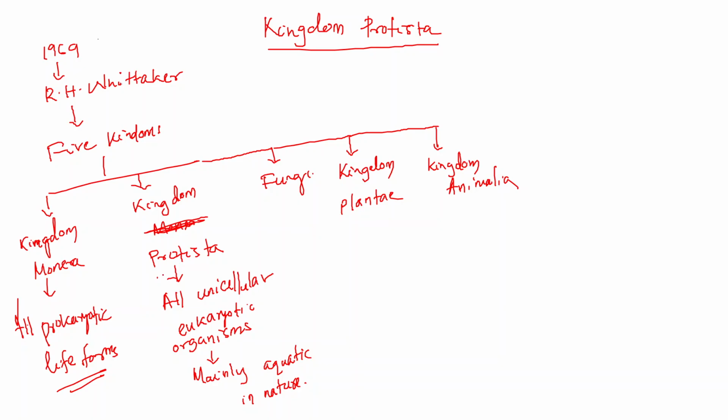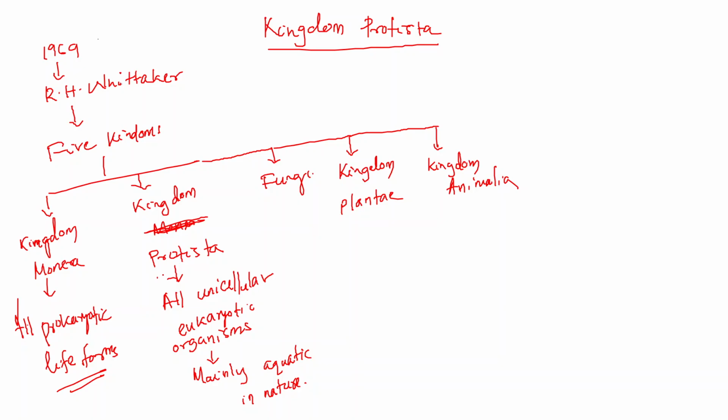Kingdom Protista contains unicellular eukaryotic organisms, while kingdom Fungi, Plantae, and Animalia contain multicellular eukaryotic organisms. In fungi and plantae we can also notice unicellular organisms, but they are more complex. Their complexity increases from kingdom Protista to kingdom Animalia.